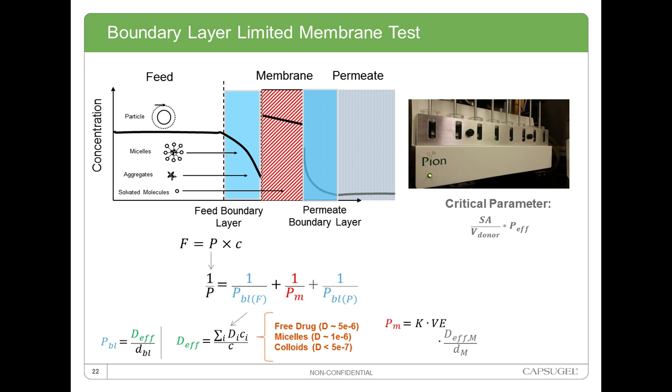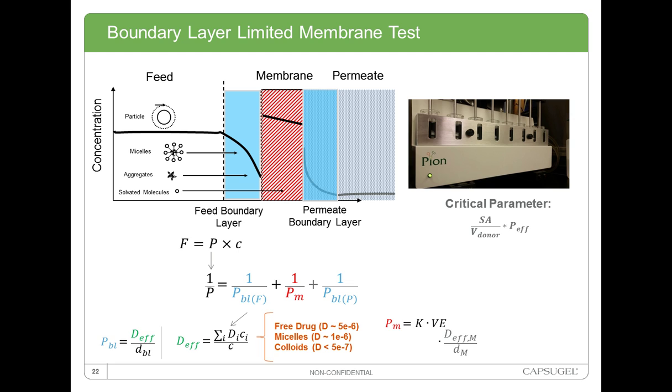So in this, the flux, or the amount of drug that's crossing the membrane per unit time, is simply the permeability times the concentration in the feedstock solution. And the permeability can be understood as a few resistances in series.